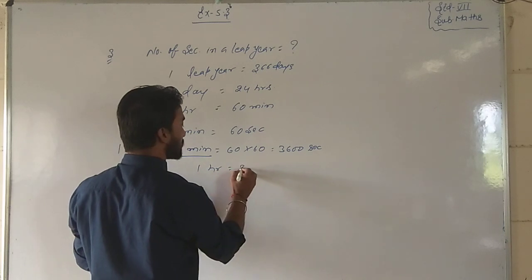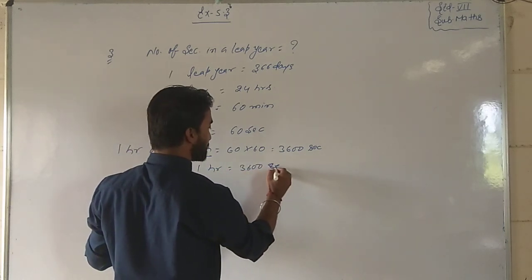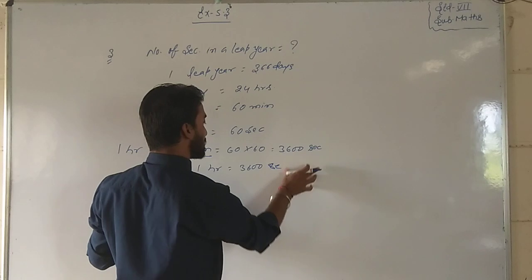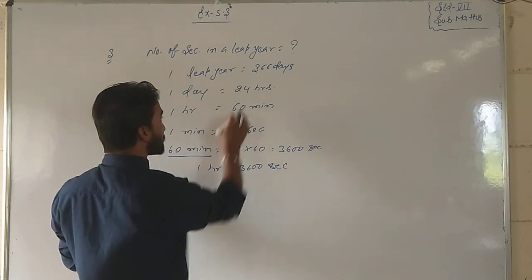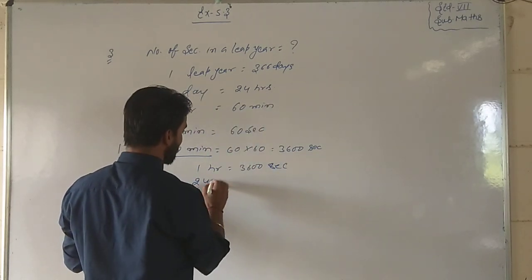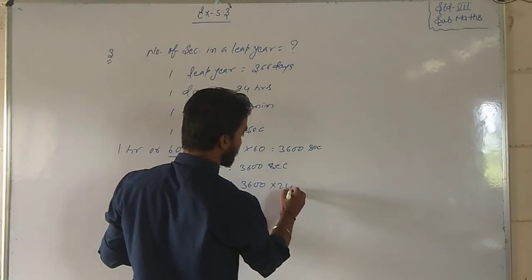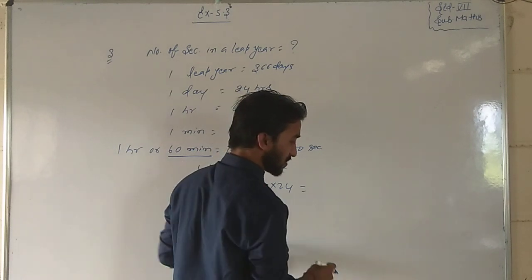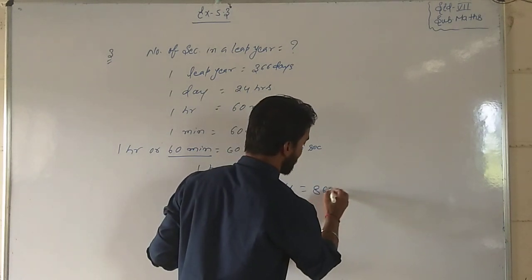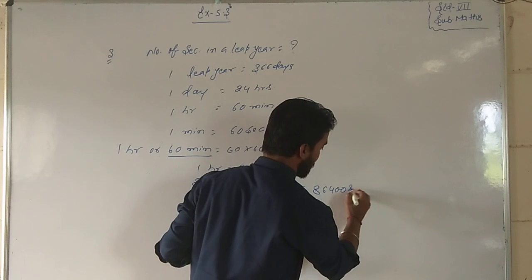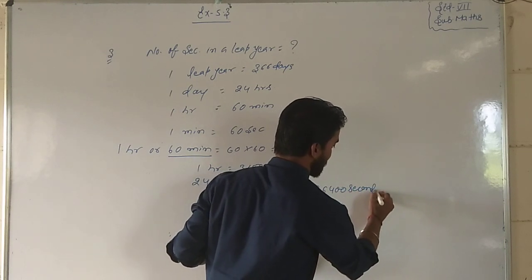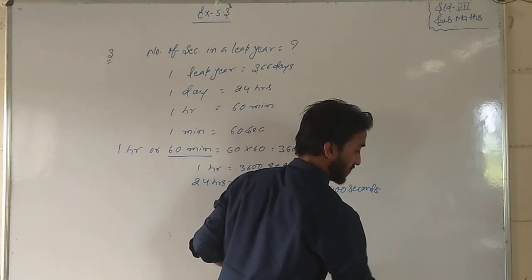If 1 hour is equal to 3600 seconds, then 24 hours is equal to 3600 into 24. What will the answer be? 86400 seconds.